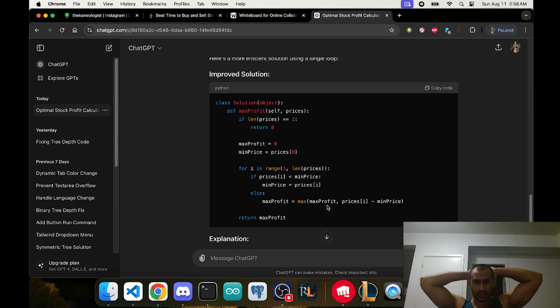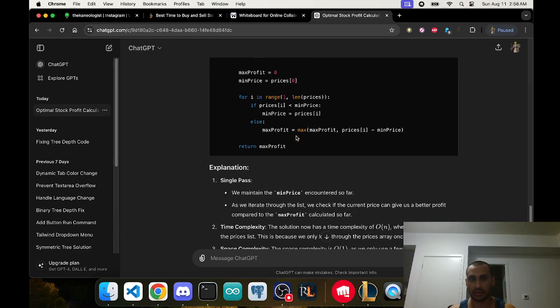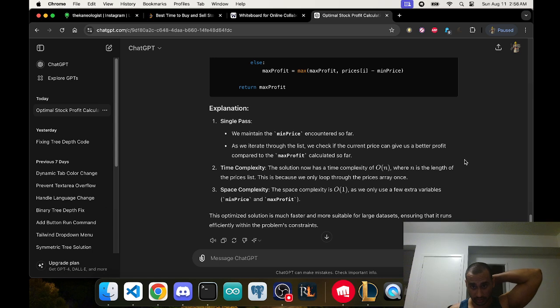And if it's not less, then you take the max profit, which is 0, and you check price as I minus the min price. Okay, so you're just doing this with one for loop is what they're trying to do, which makes sense. You get a single pass at O of n time.